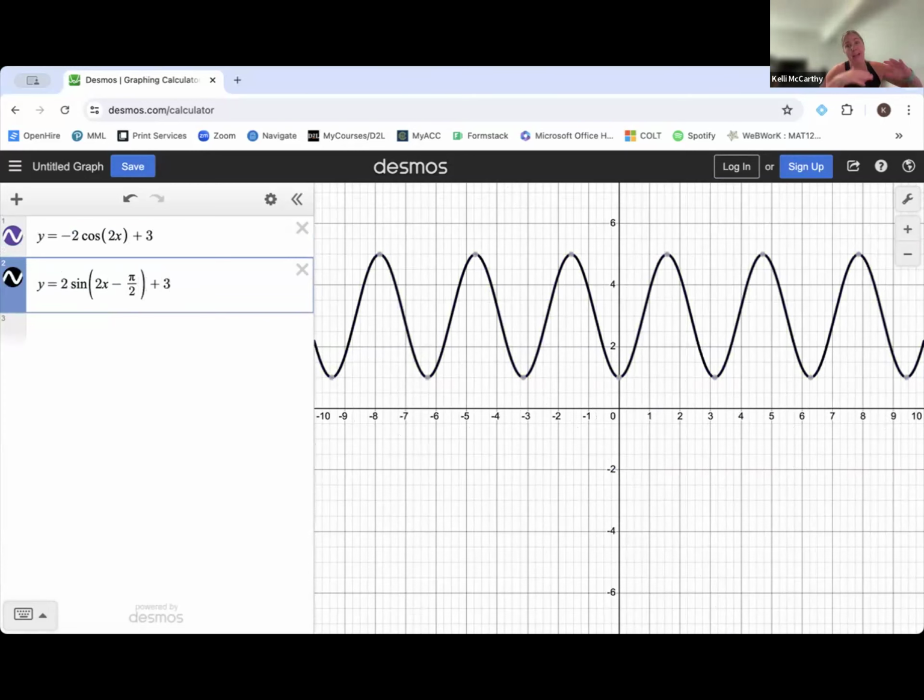And that graph is in black. It lies right on top of that purple graph. And if we were to compare it to what we have displayed above in our notes, we would see it's the same thing. We would want to adjust the scale of the horizontal and vertical axis to see it a little more clearly, but hopefully you can tell that we did successfully write two equations, one in terms of cosine, one in terms of sine, for that particular graph.